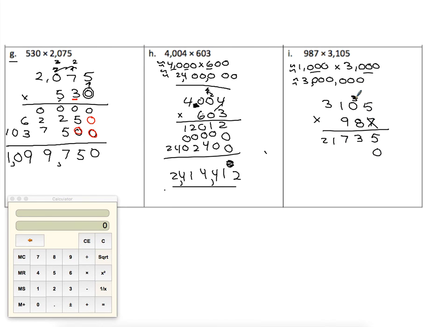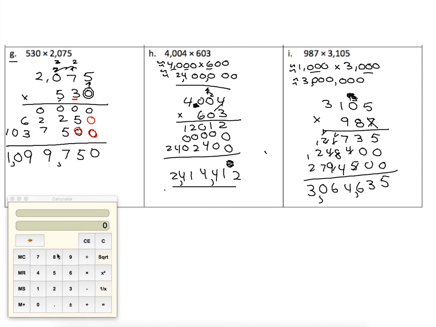Placeholder to protect the value of that 8, 40, 4, 8, 24, 2 placeholders, protect the value of that 9, 45, 4, 9, 27. 5, 3, 16, 14, 16, 10. 3,064,635. Based on my estimate, that seems like it would be the correct answer.